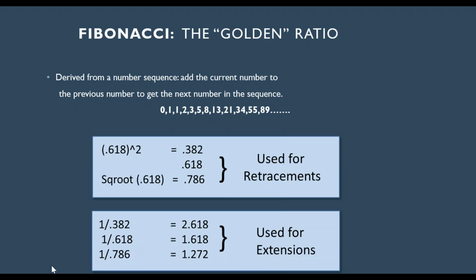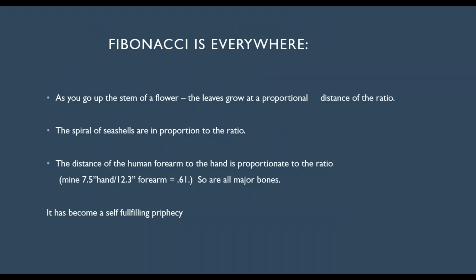Now, Fibonacci's can be seen everywhere. As you go up the stems of a flower, the leaves grow at a proportional distance to the ratio. The spirals on seashells are in proportion to the golden ratio. Your bones in the body grow proportional to the golden ratio.